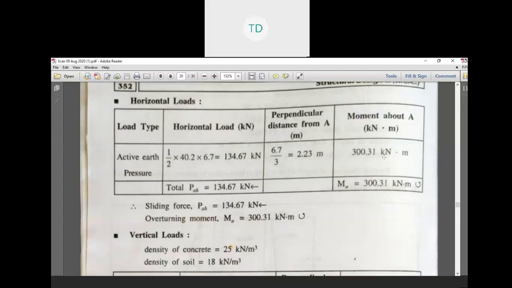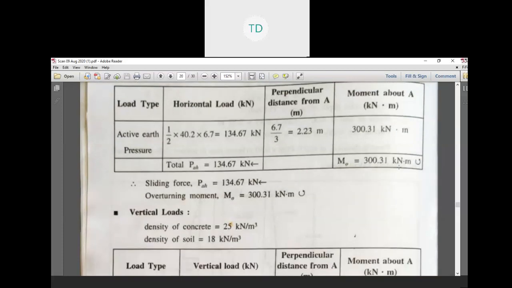This is the overturning moment from the horizontal loading condition. Now, PAH, also called the sliding force, is equal to 134.67. The overturning moment we calculated, M, is equal to 300.31 kilonewton meter.